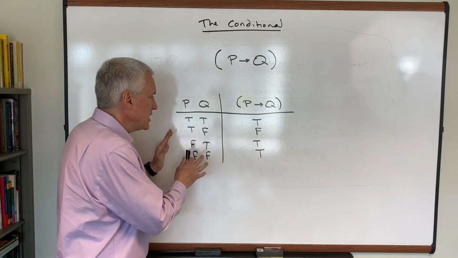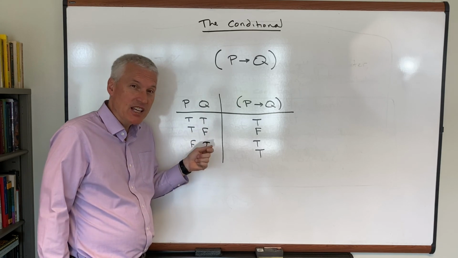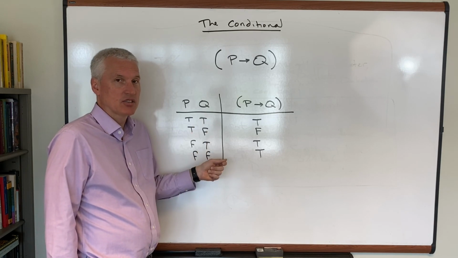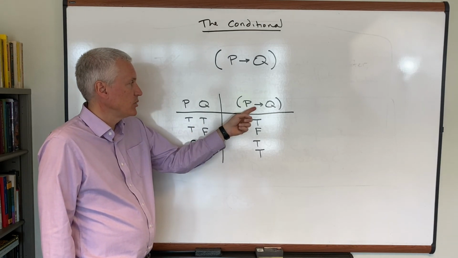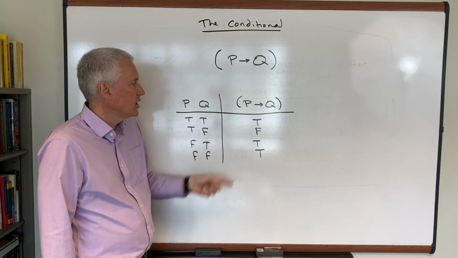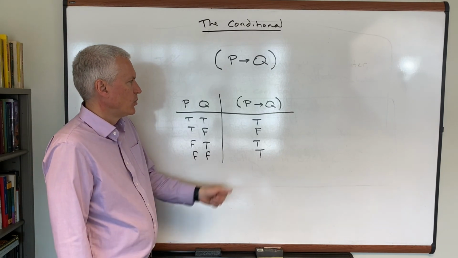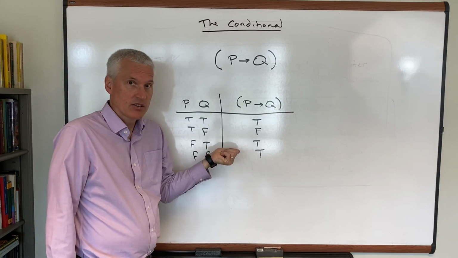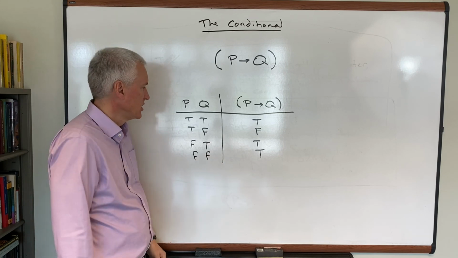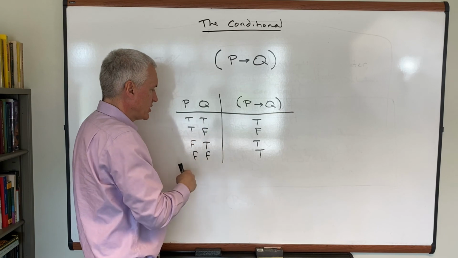So this right here is what we call a truth table, and it is giving you the semantics of this connective, this symbol, the arrow. We call those a truth functional connective in logic. Why connective? Because it connects other sentences. Why truth functional? Because its meaning is a function of the truth of its parts.